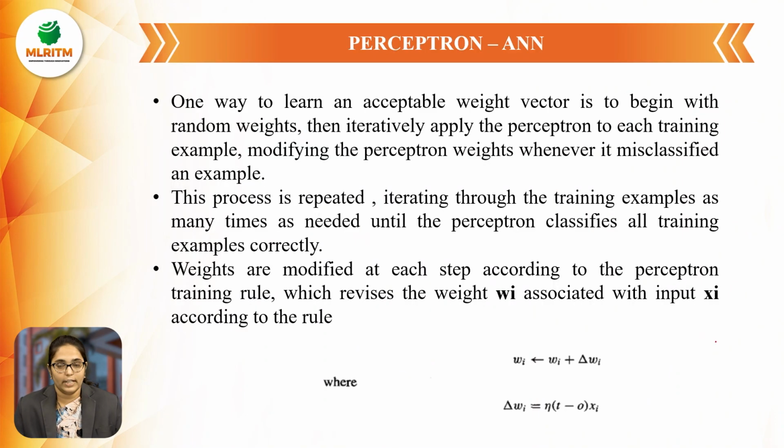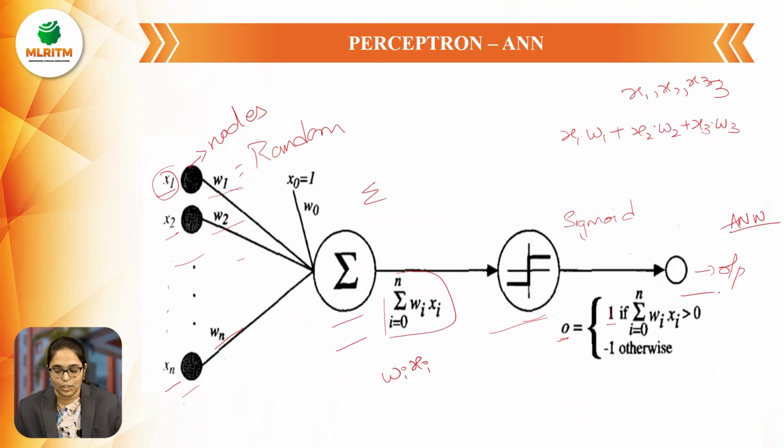So in this perceptron model, when we are considering the inputs and generating the output, the output we are generating for this model should map with the targeted output. So the targeted output is predefined here.